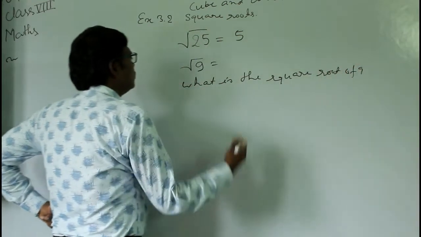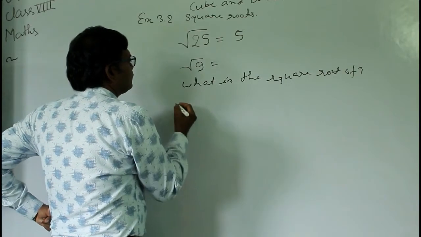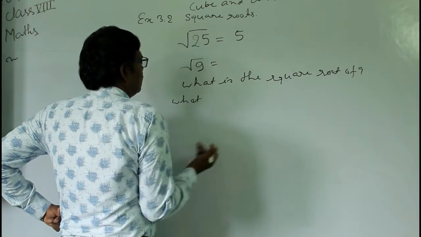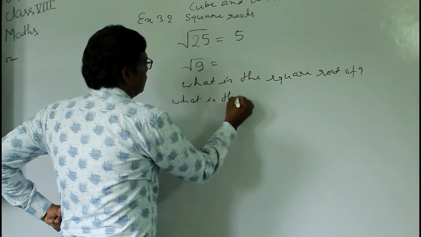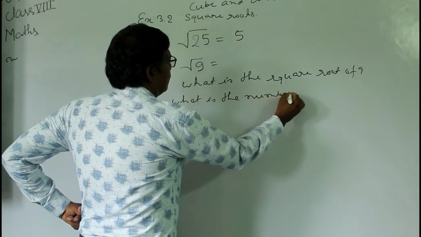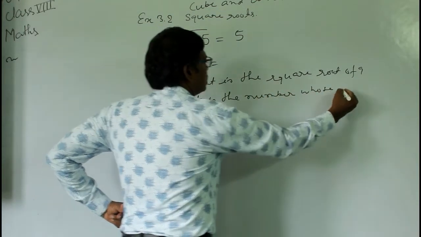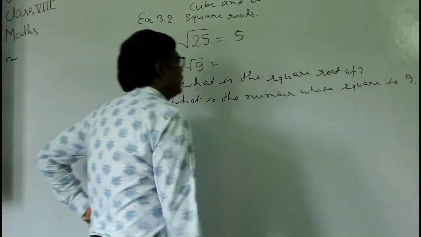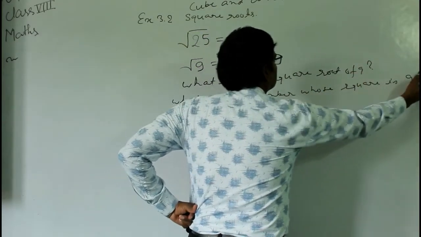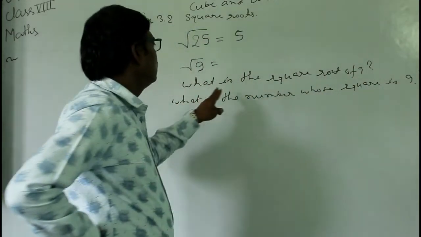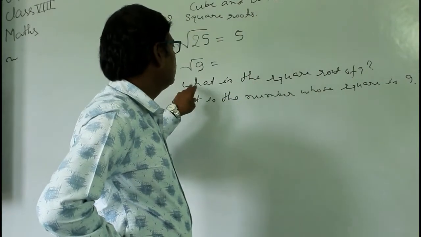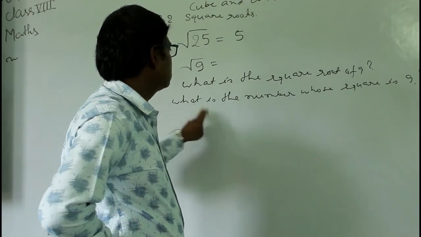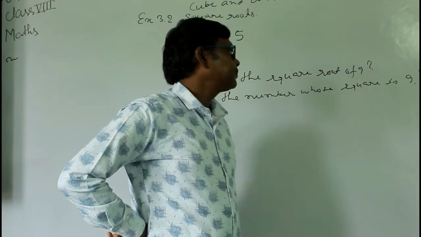Here you can change this question, you can change this statement in another way: what is the number whose square is 9? Both are the same thing. What is the square root of 9, or you can say the same thing in this manner: what is the number whose square is 9.